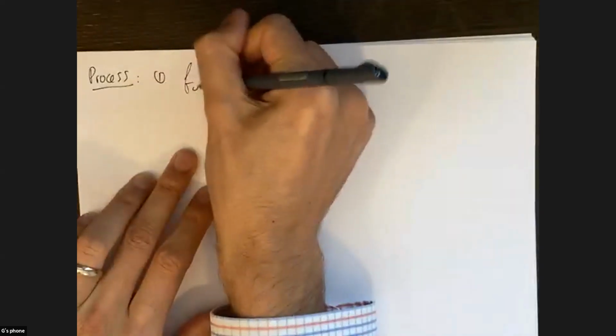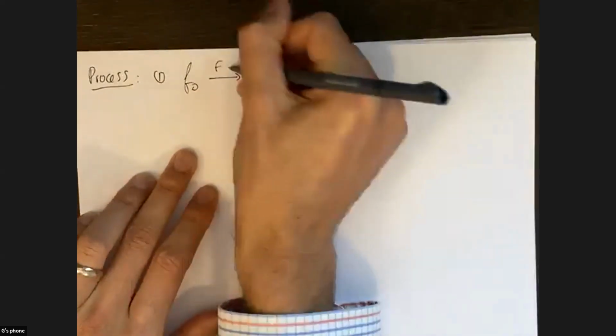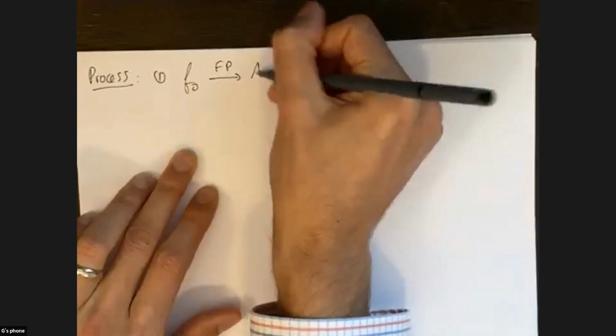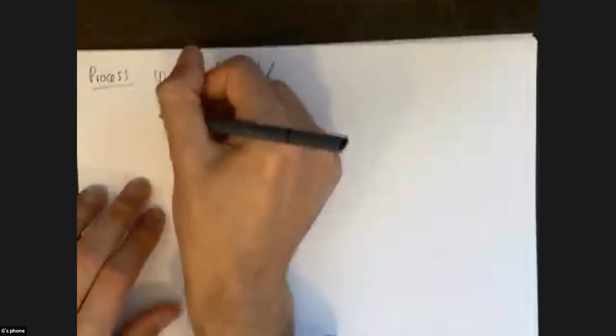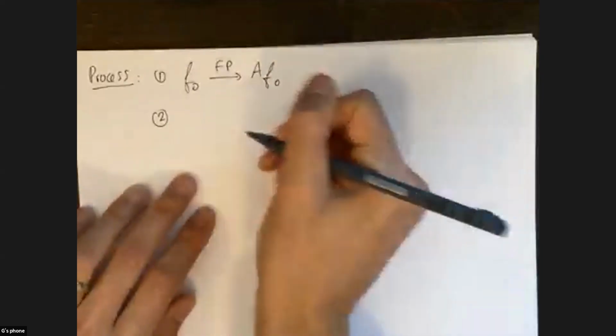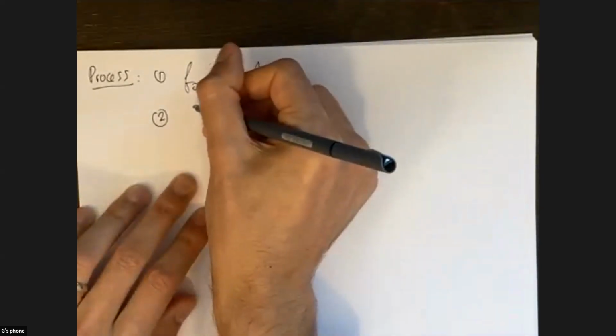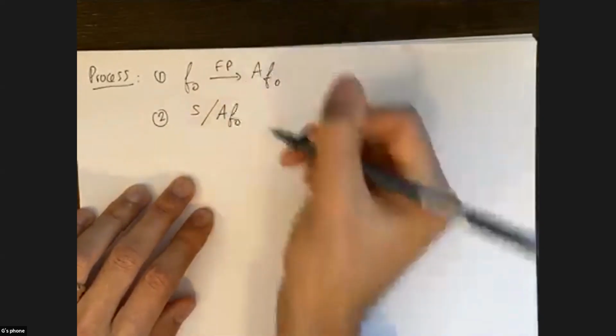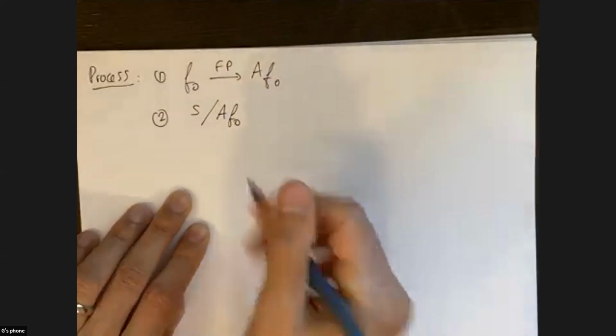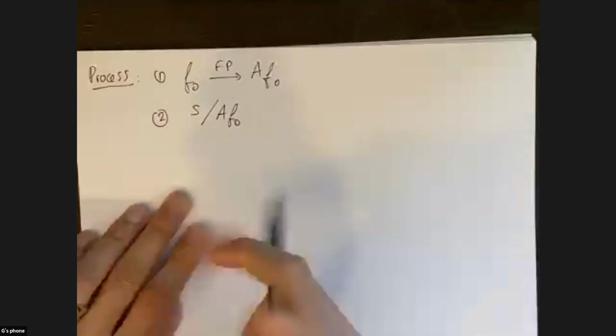So the process is, first we're going to take F0 and apply a forward projection and get A F0. So this is the forward projection. Then second, we're going to take the data S and divide it by A F0. So that's taking the ratio, calculating the error term.